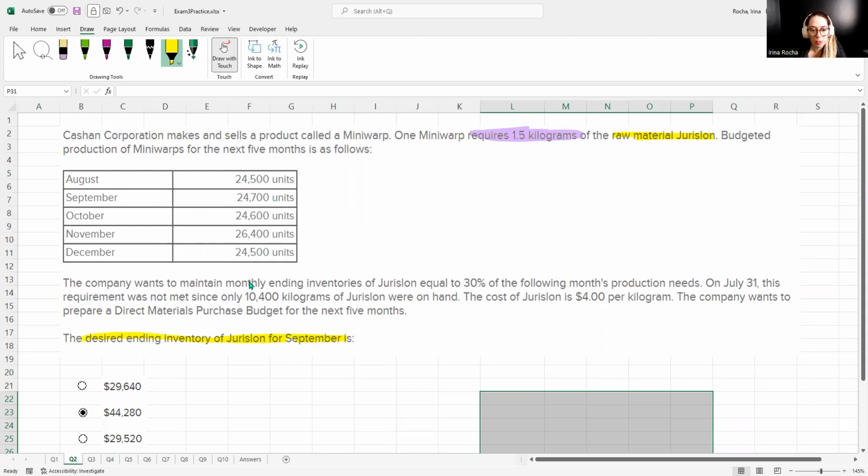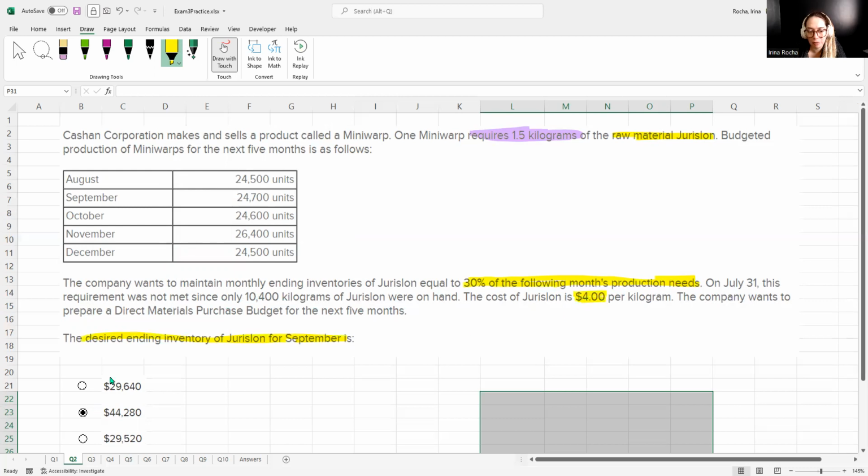The company wants to maintain monthly ending inventories of Jerusalem, whatever the raw material name is, equal to 30% of the following month's production needs. So here we already have kind of what we need to answer the question. On July 31st, this requirement was not met since only 10,400 kilograms of Jerusalem were on hand. The cost is 4 per kilogram.